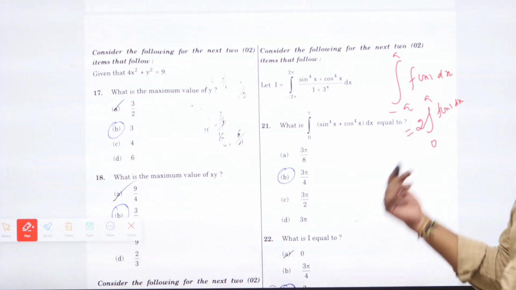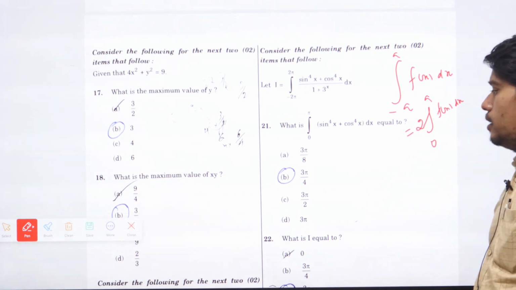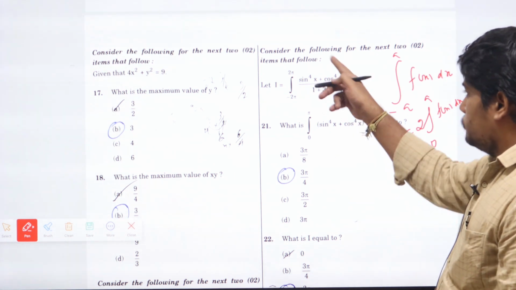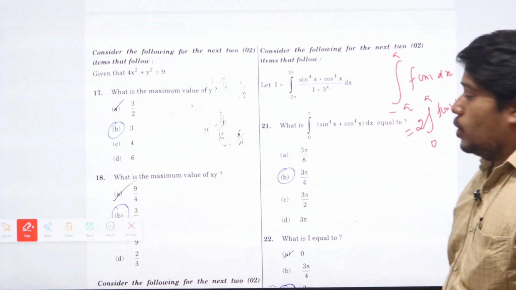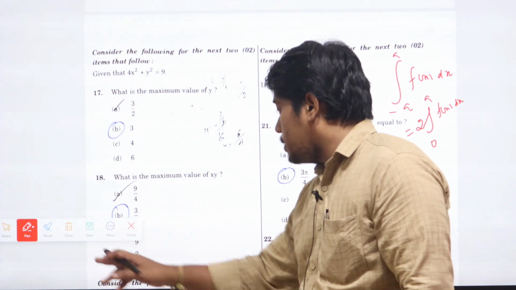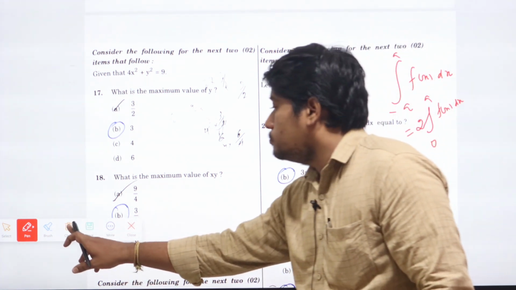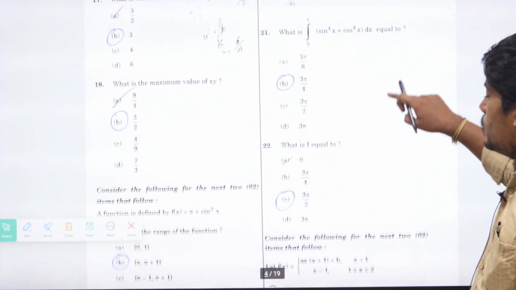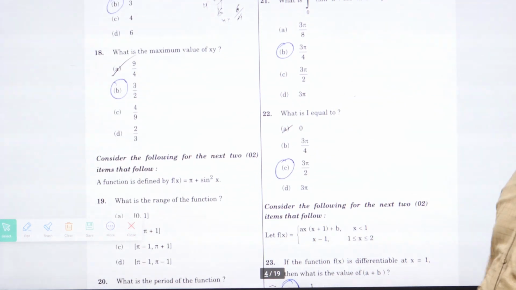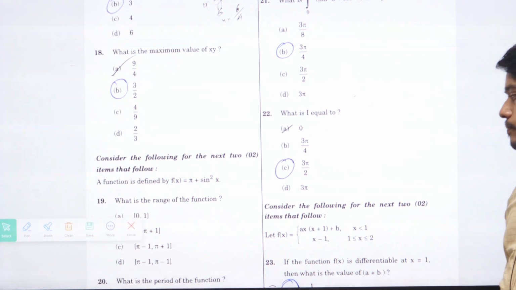Using the basic properties of integrals, we get the integral value I equal to 0. So option A will be the right answer. Using the integral I, which is equal to 3 pi by 2, option C will be the right answer.